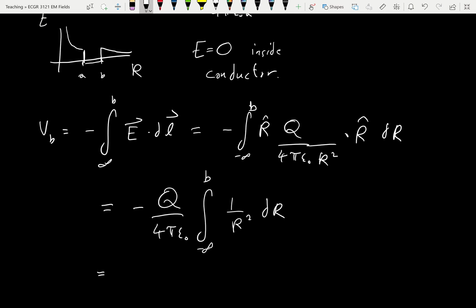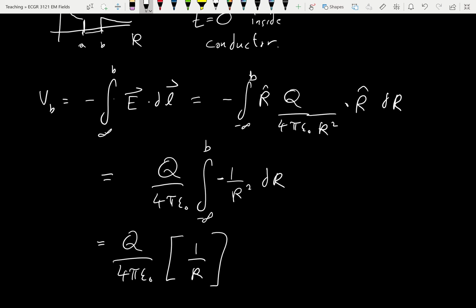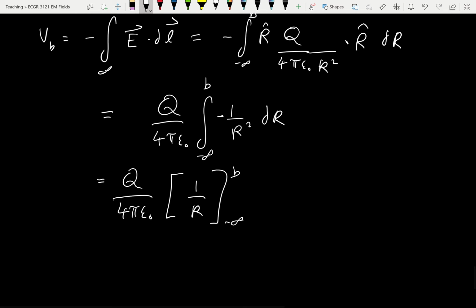This is just minus 1 over r, right? When I differentiate 1 over r, I get minus 1 over r squared. This goes from infinity to b. 1 over infinity is 0, so that gives me Q over 4 pi epsilon naught b.